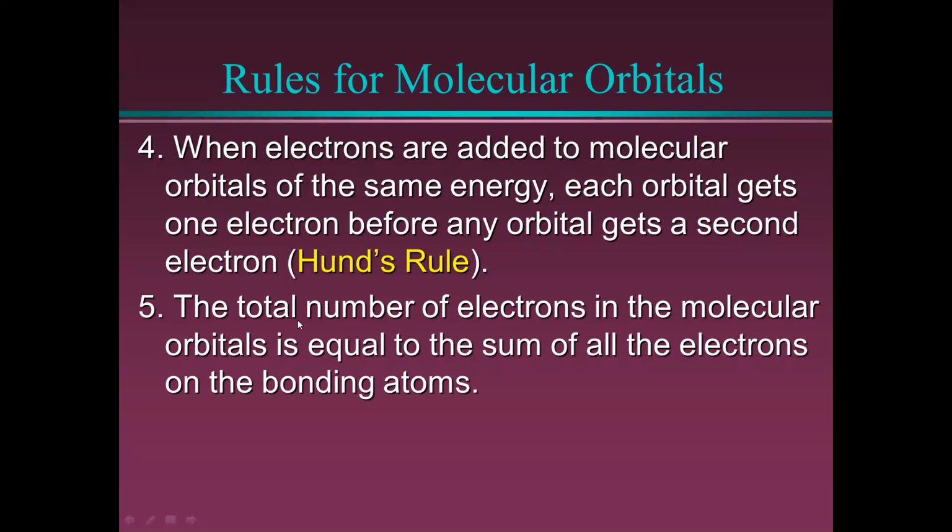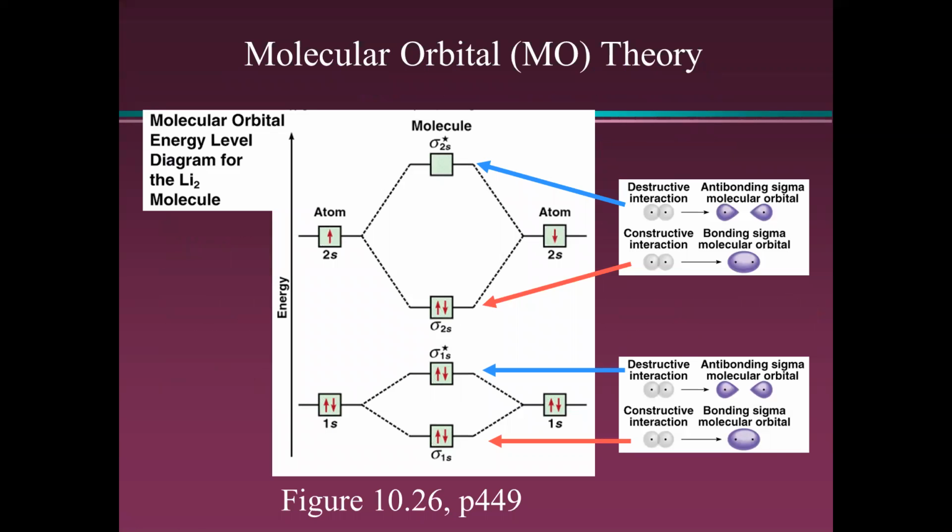So the last one is that the total number of electrons in the molecular orbitals is equal to the sum of all the electrons on the bonding atoms. What does that mean? For example, if you have 4 electrons on the atomic orbitals, 2 plus 2 is 4, you must have 4 electrons here too.